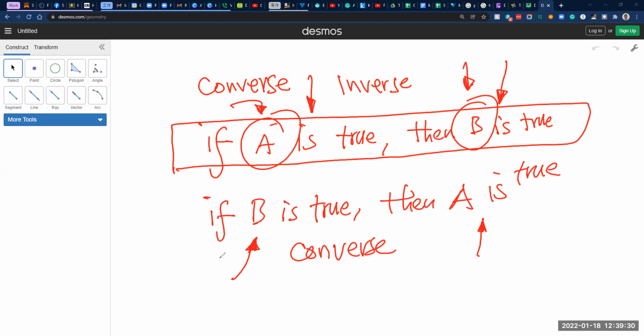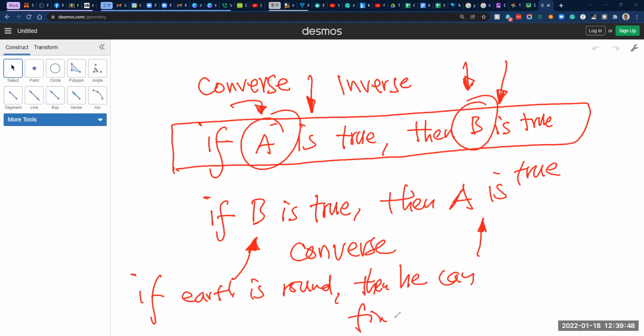Remember the statement from Columbus is that if the Earth is round, then he can find India by traveling in the opposite direction, by crossing the Atlantic Ocean.